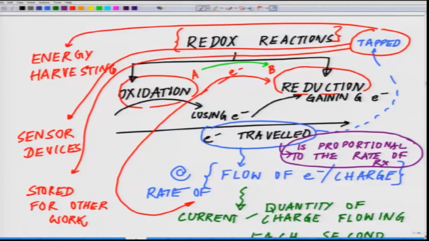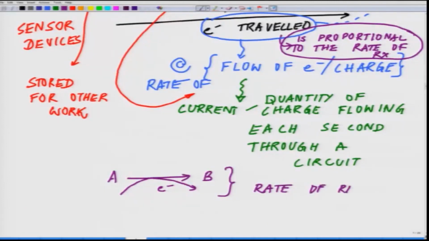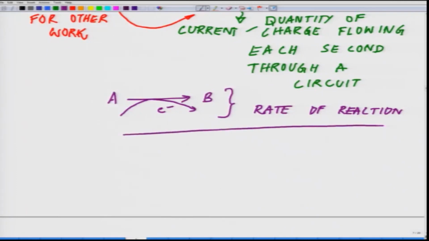So, what is the amount of reaction taking place? In other words, the take home message here is that if a reaction is taking place between these and there is a flow of electron, that indirectly signifies the rate of reaction happening. This part is extremely essential, because we will be dealing with this in terms of the numericals as we move forward.